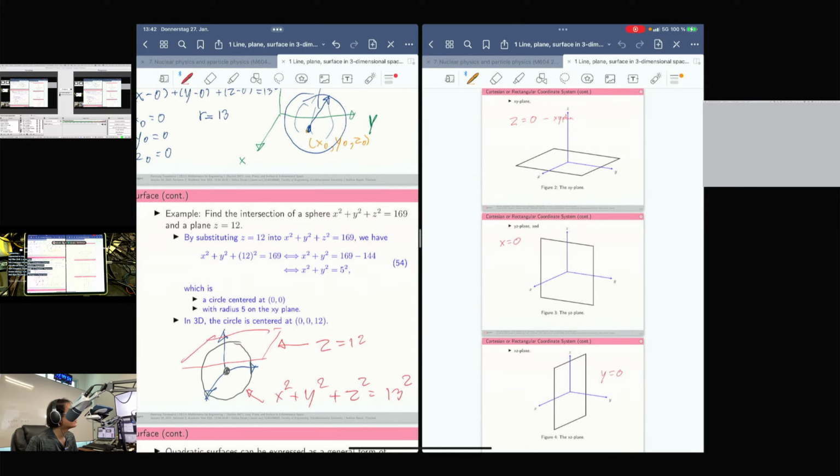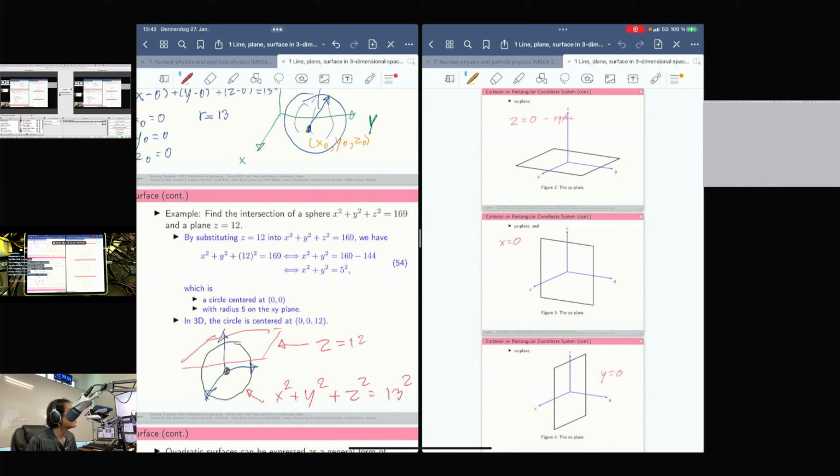It's not too difficult, right? Yes, it's a circle, and the radius of the circle is only 5. It lies above the z-axis, so the intersection result will be a point x, y, z.